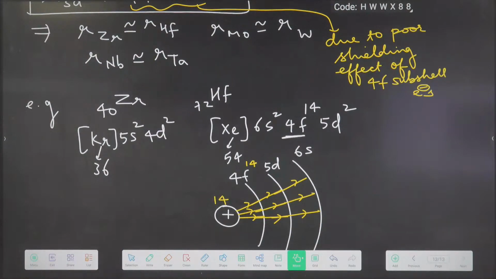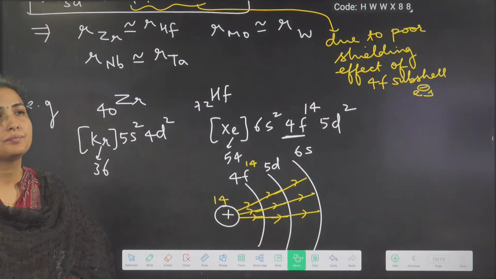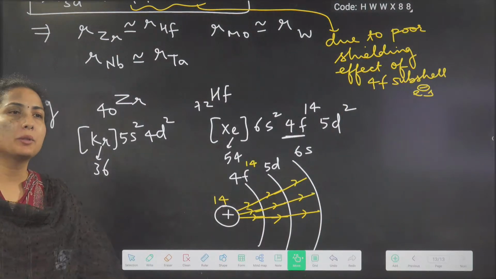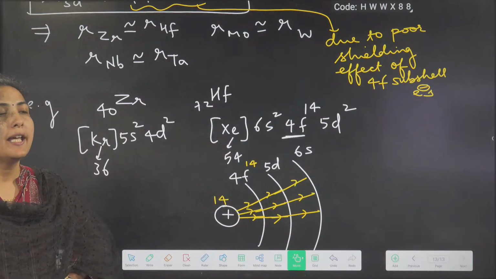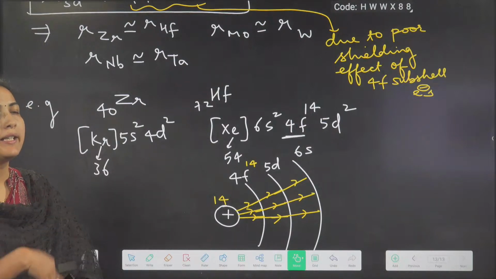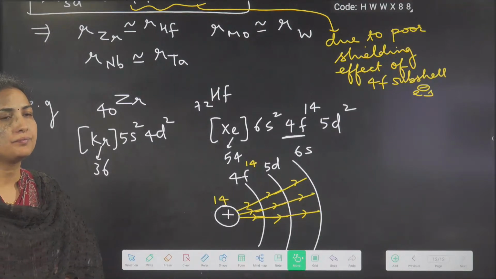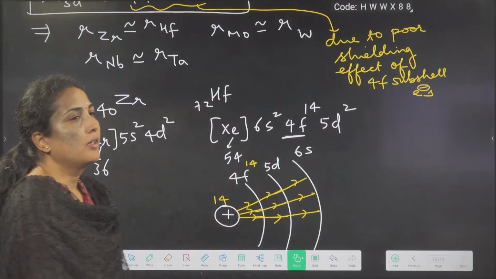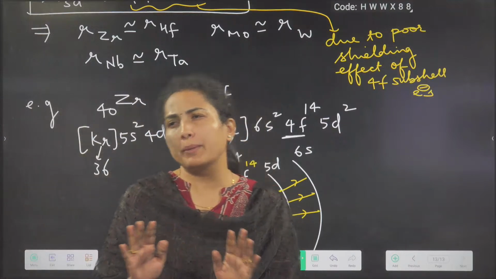Did you understand this? It is on the same line where we have understood for gallium. In gallium, culprit was 3D. In hafnium, culprit is 4F. Got it?